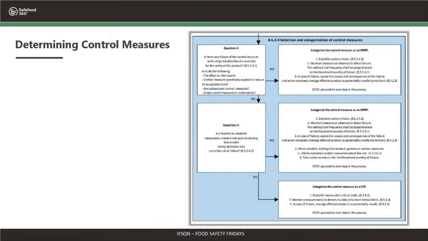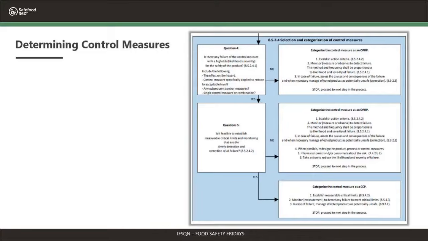So what it's basically asking is, if the control measure fails, will there end up being a high food safety risk? And there's a few things to consider, and they're listed there. You know, the effect on the hazard, control measure specifically applied to reduce to an acceptable level, any subsequent control measures, and so on.